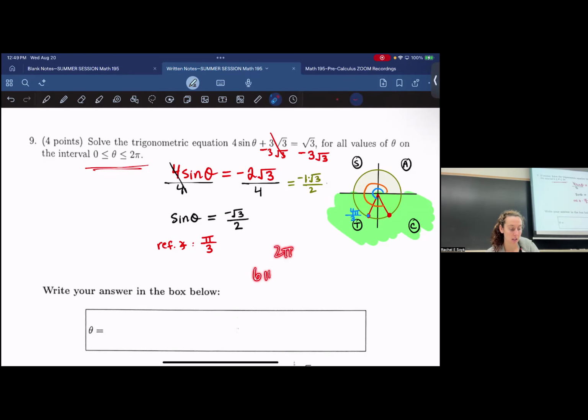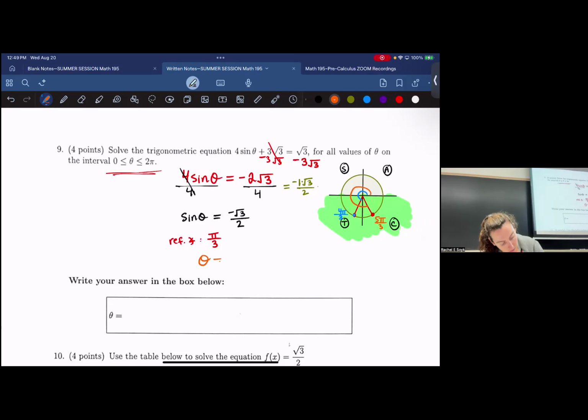It's just 6 pi over 3 minus pi over 3. 5 pi over 3. So therefore, theta is equal to 4 pi over 3 and 5 pi over 3. And we're done.